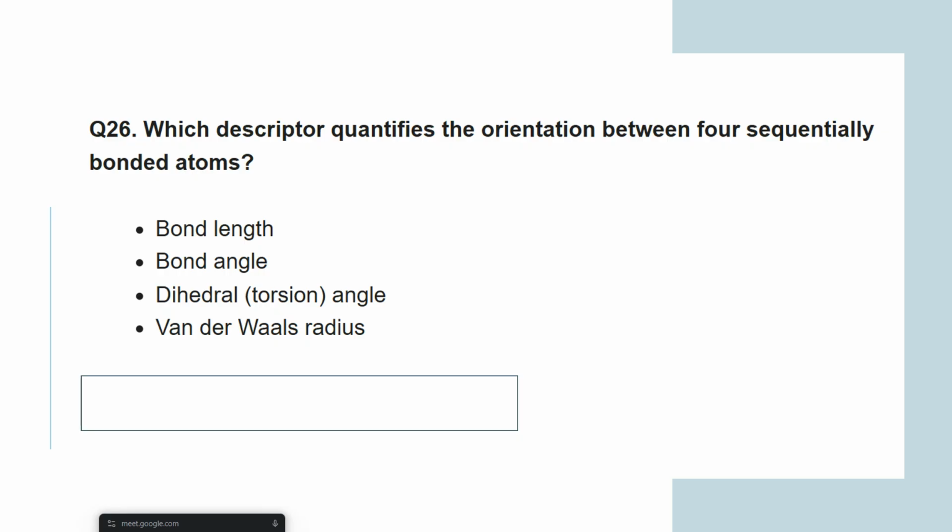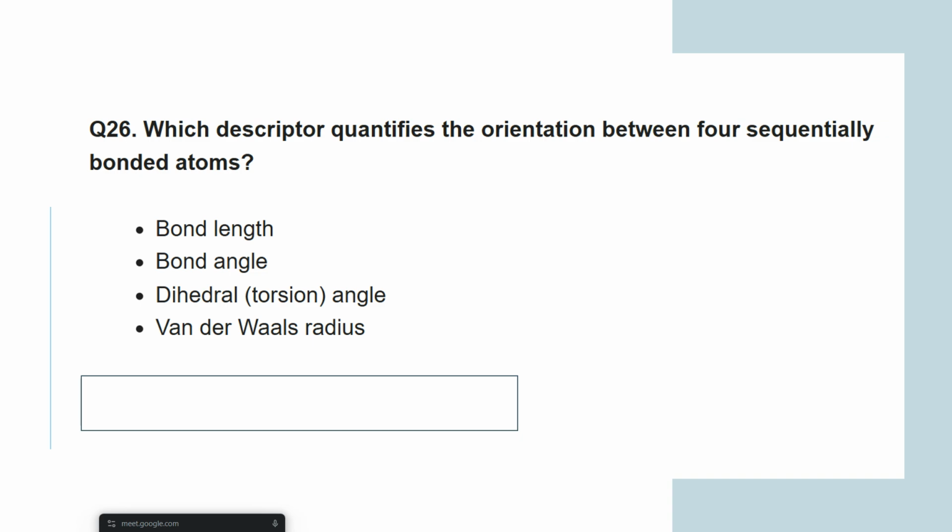So before solving this question, I hope you know that bond length involves a bond present between two atoms. A bond angle will involve three atoms and the angle between the bonds of these three atoms. The dihedral angle will in fact involve four sequentially bonded atoms, and it will involve two planes which define the dihedral angle.